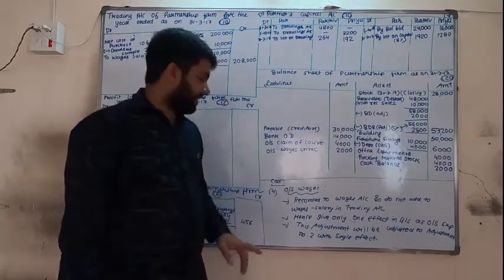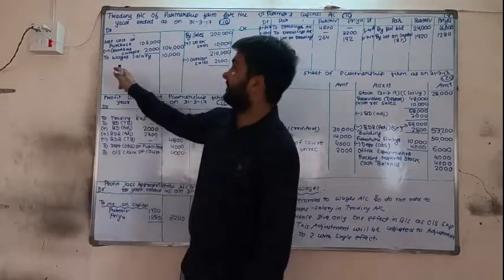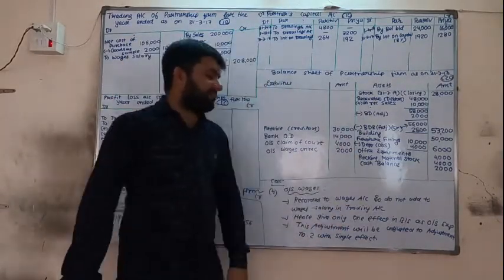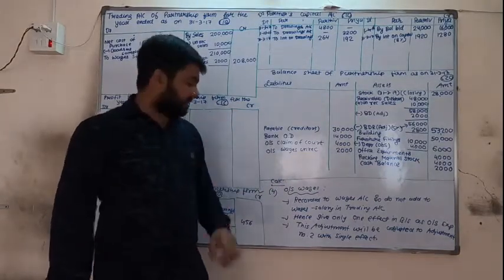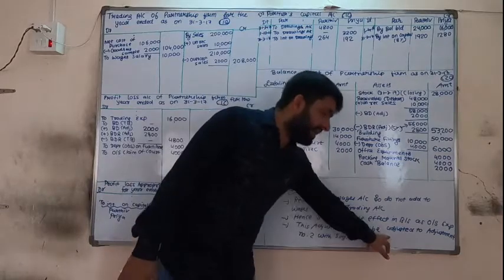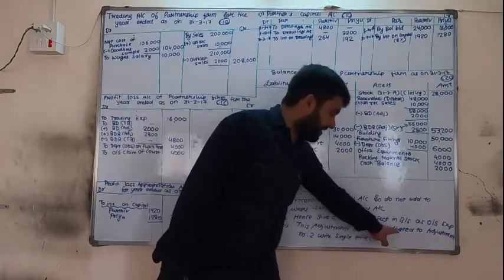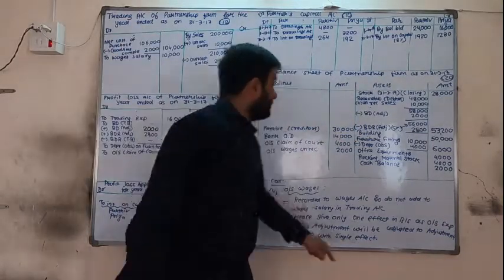Outstanding wages. Recorded to wages account, so do not add to wages salary in trading account. We are not adding. Hence, give only one effect in balance sheet as outstanding expense. I have given. Now, what is this effect? This adjustment will be adjusted to adjustment number 2 with single effect.